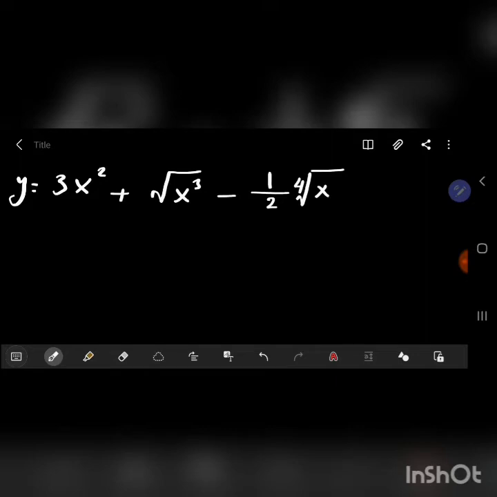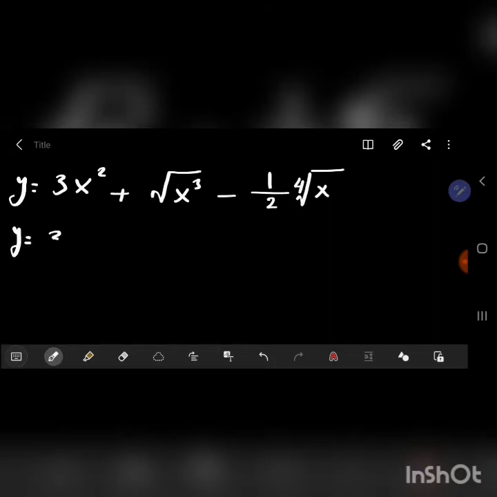Either I solve it by the rule I gave you before, or I transform it to a power. Here I will transform it to a power.